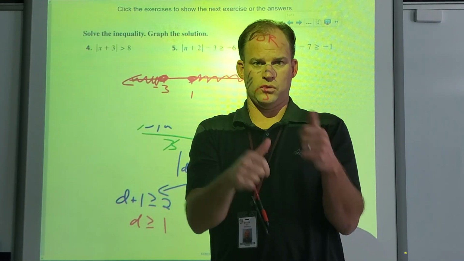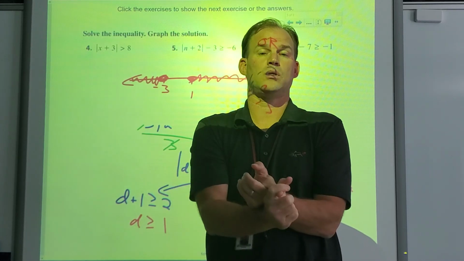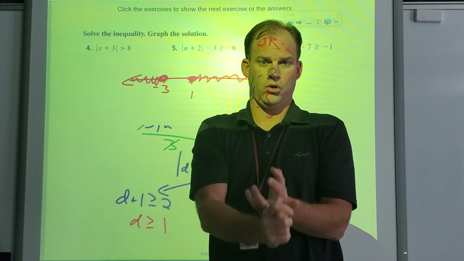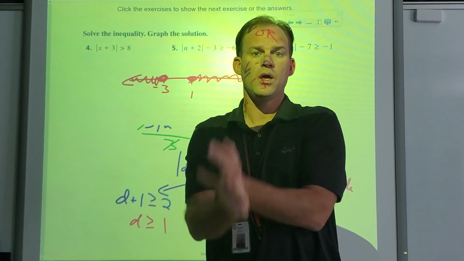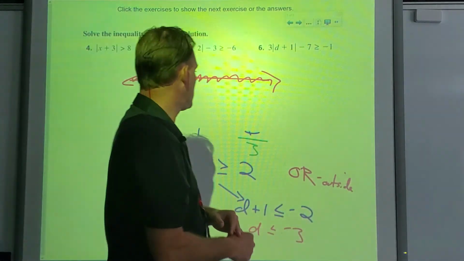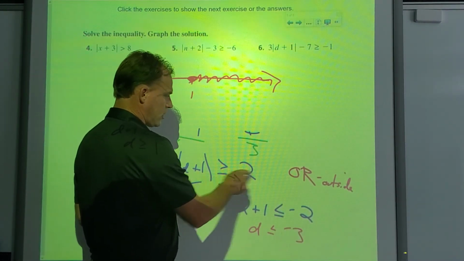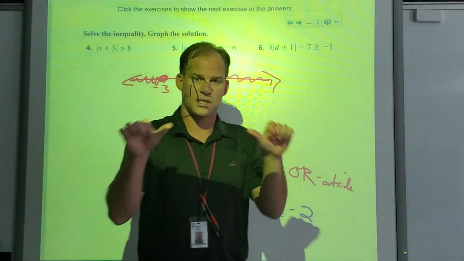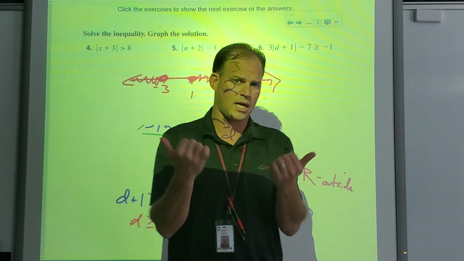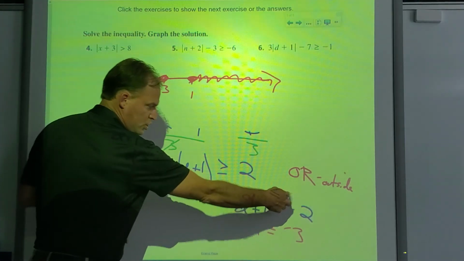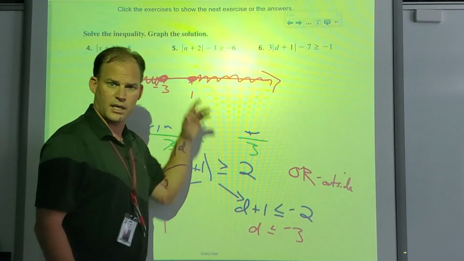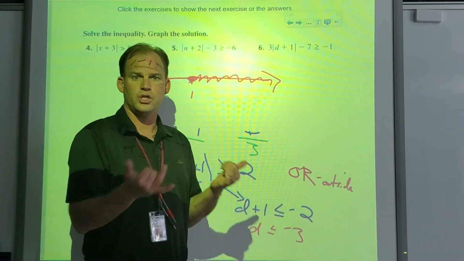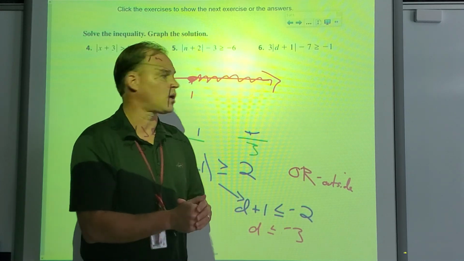Isolate the absolute value first, then you can determine infinite, no solution, or do I need to solve? If you need to solve, this direction here tells you if it's and or or, tells you if you're shading between or shading outside. Do the math, change the sign, get your two values, shade appropriately, move on.